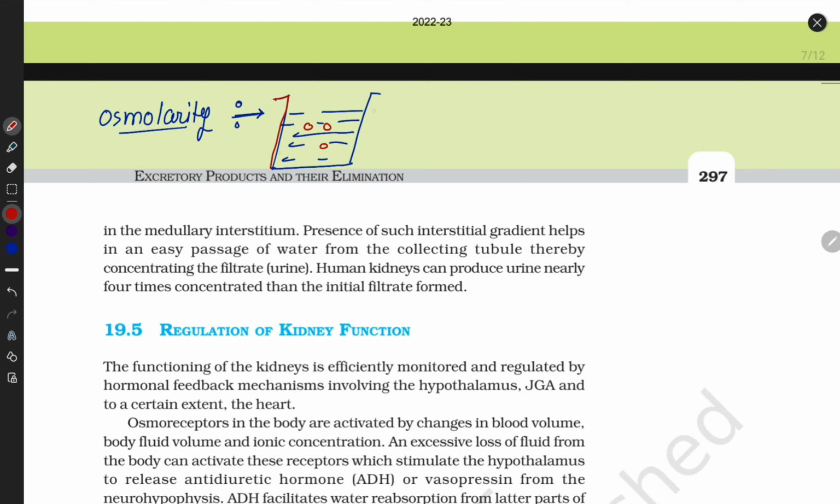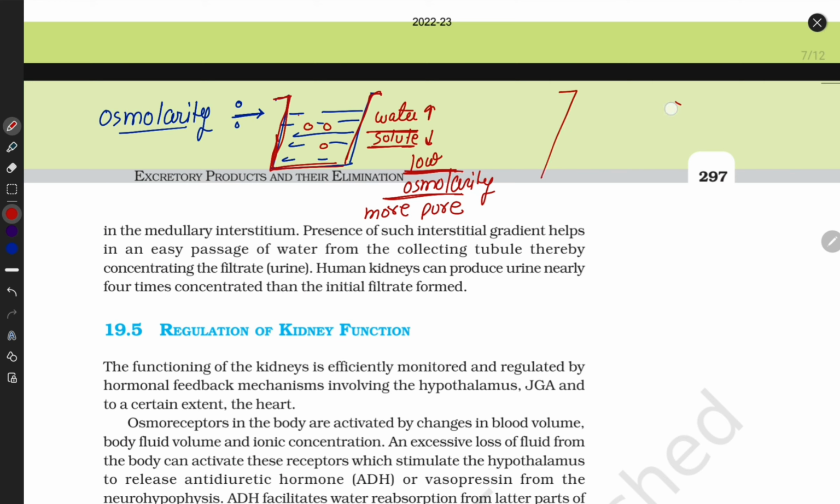If water is high and solute is less, then this container has low osmolarity, because water is high and solute is less. So it has low osmolarity, more pure.